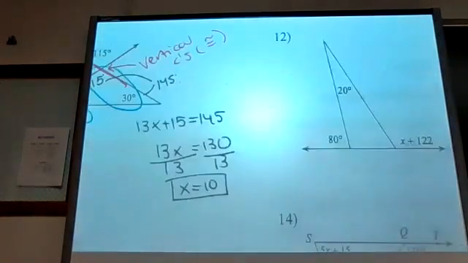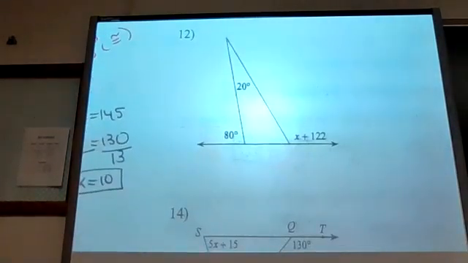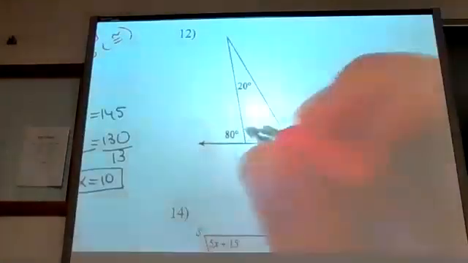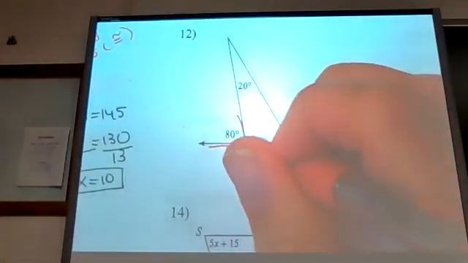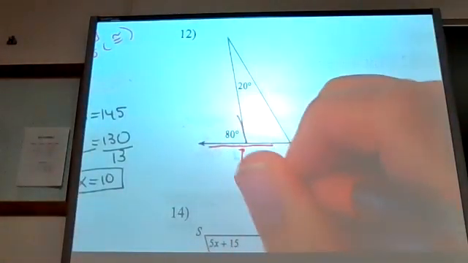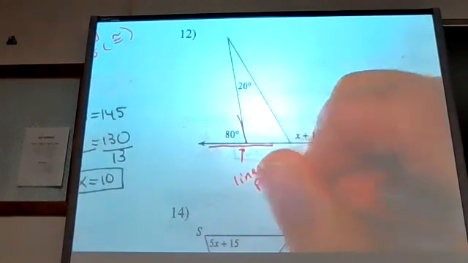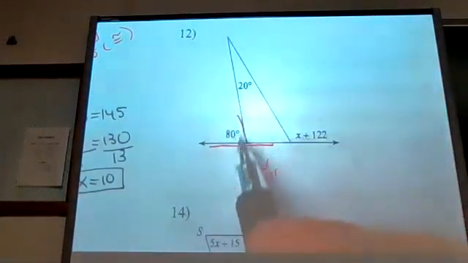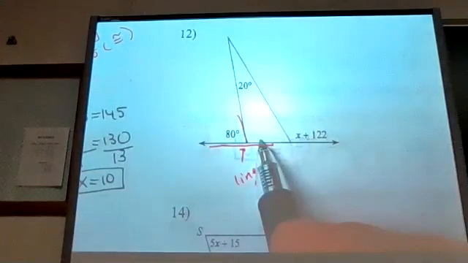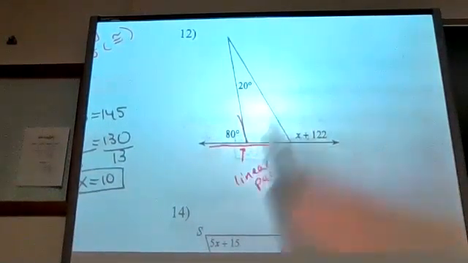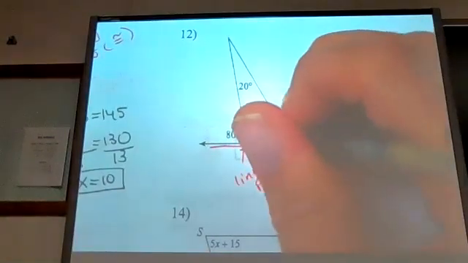On our diagram in 12, we use some of the same ideas. So again, here we have a linear pair. So what does that mean that inside angle is? If this angle is 80, this angle must be 100 because it has to add up to 180 along that line.